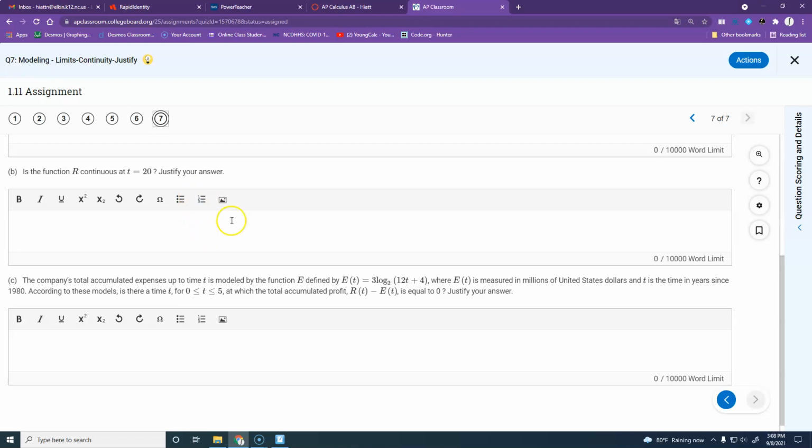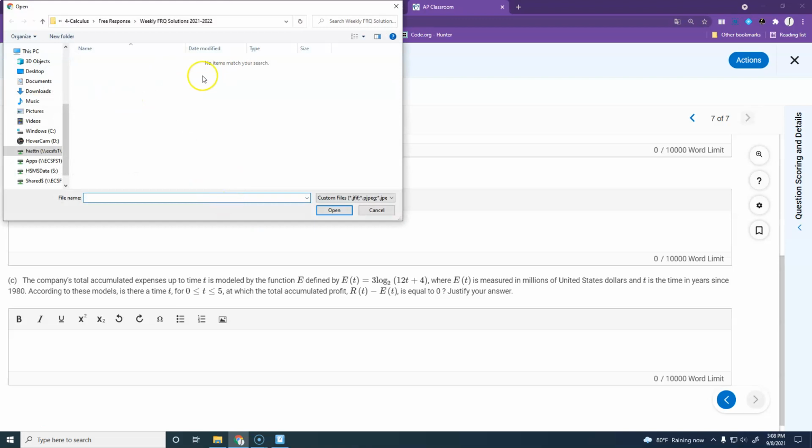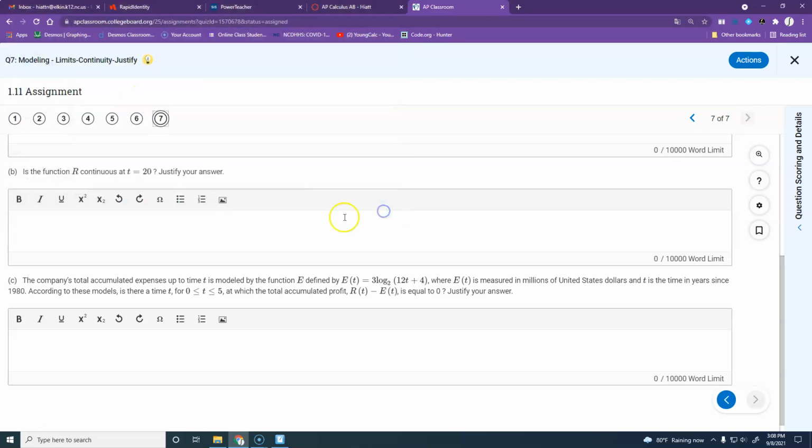So when you upload that, you'll just click the picture here and you can just upload the picture from your device there. Or you can type it, but if you type it, you need to use proper notation, which you can't really do. Just write it on a piece of paper, take a picture, and upload it. It's the best way.